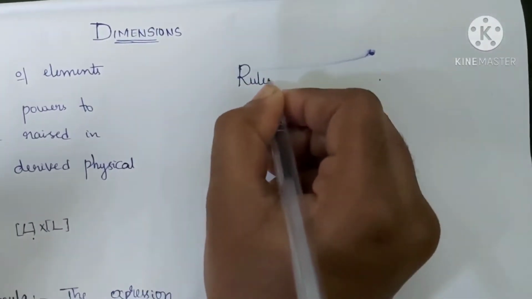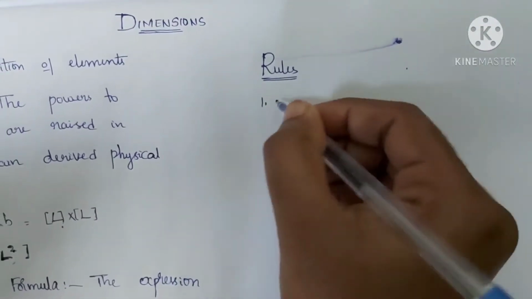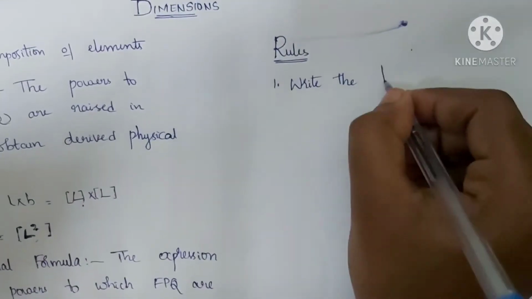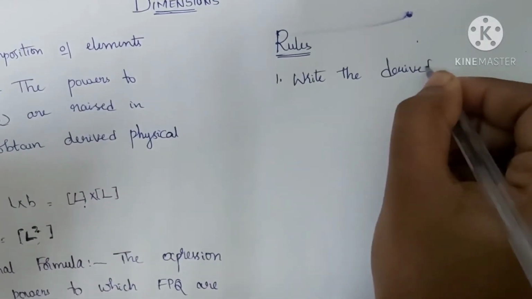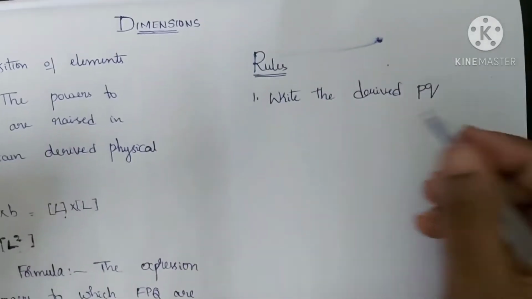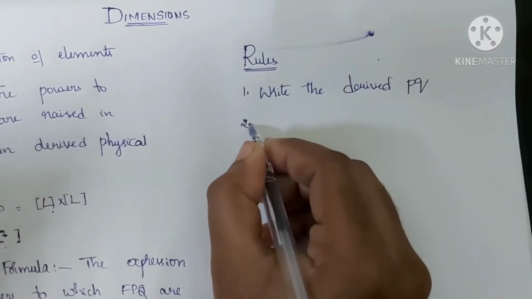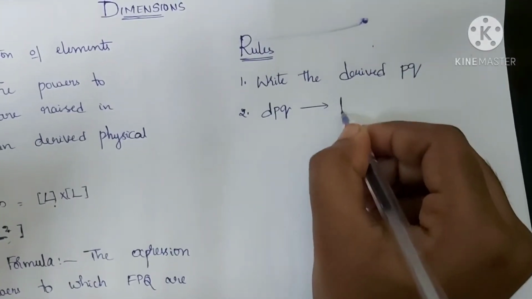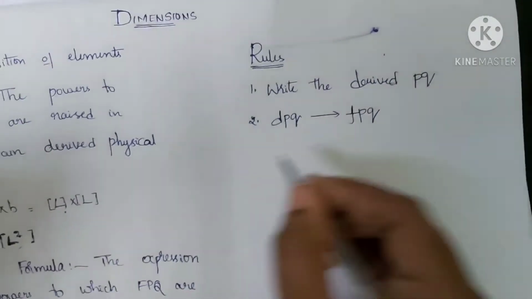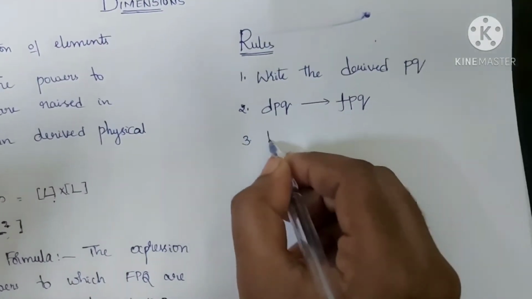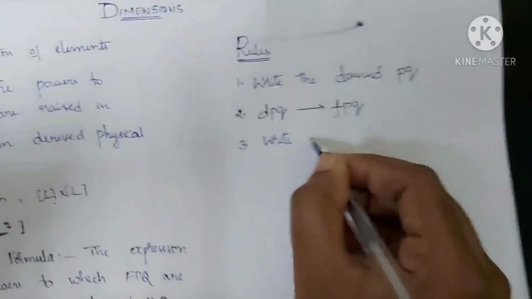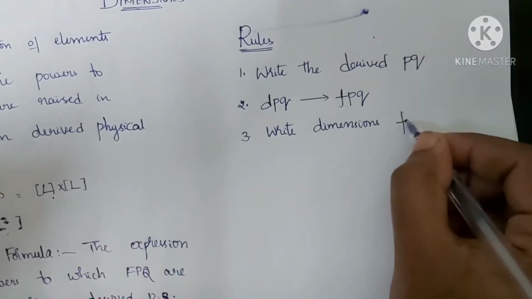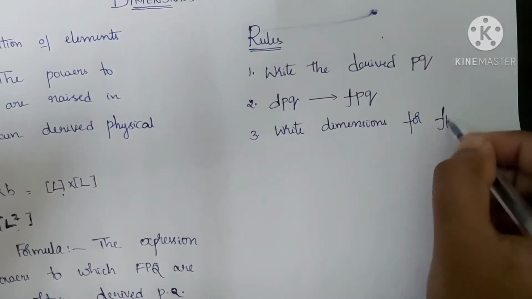Now what are the rules for writing a dimensional formula? First, write the derived physical quantity for which you want to write a dimensional formula. Second, write that derived physical quantity in terms of fundamental physical quantities. Third, write the dimensions for each and every physical quantity.